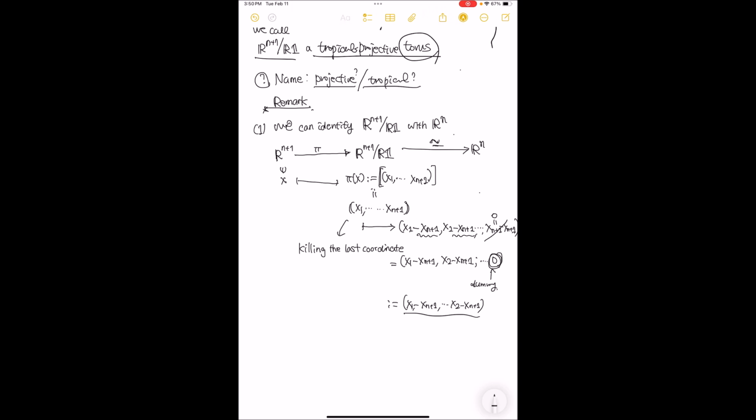Because this has the same process as the projective plane, the name projective is reasonable.